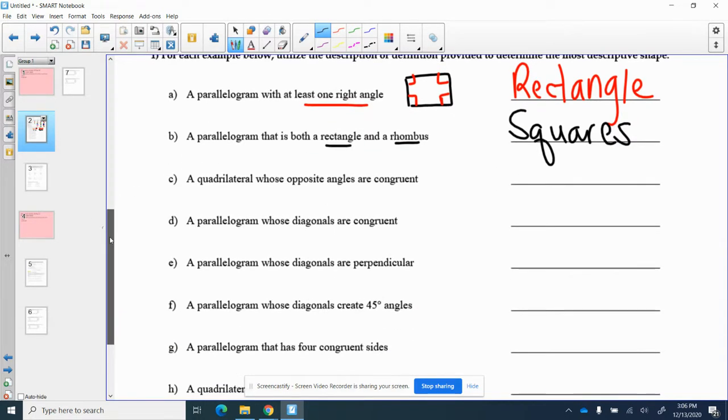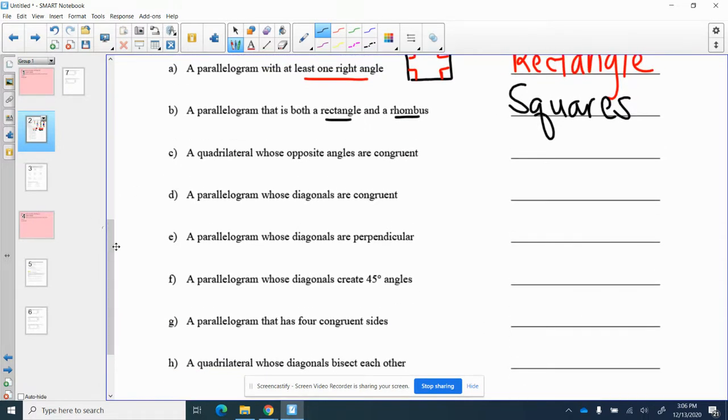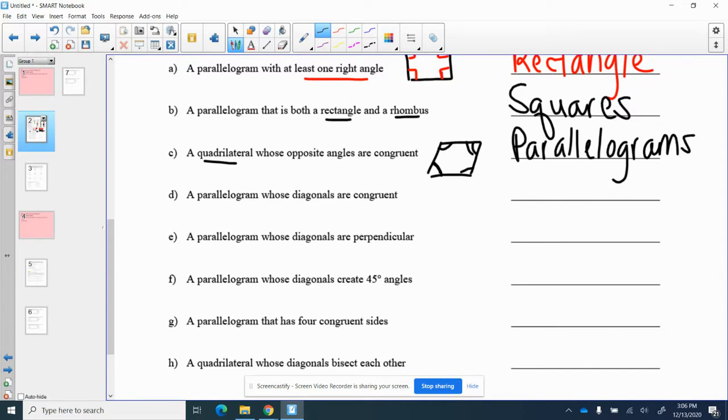Now, a quadrilateral with opposite angles that are congruent, it means that we have a four-sided figure, and if we know the opposite angles are congruent, the most descriptive thing we can say about this is that it is a parallelogram, right? Parallelograms are going to have opposite angles congruent, but we don't know enough extra information to say if it's specifically a rectangle, a square, or a rhombus, okay?